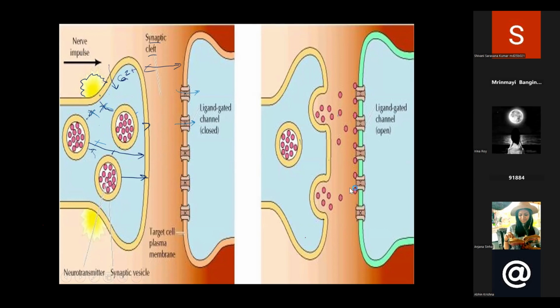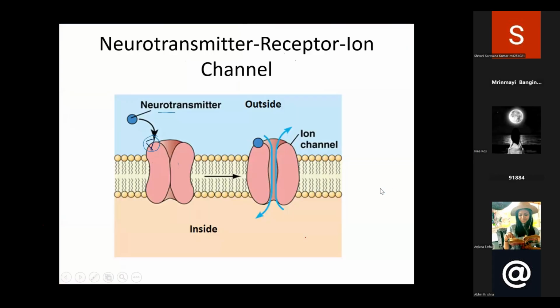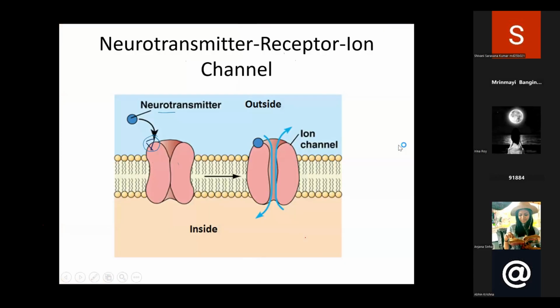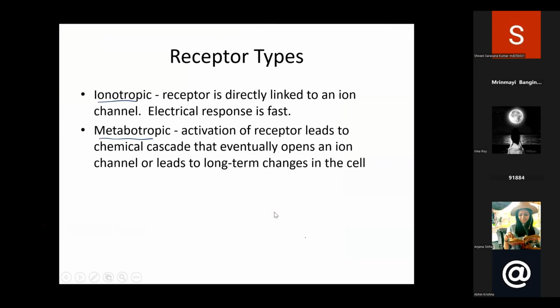Inside the cleft, these molecules diffuse and reach the other side, and they bind with the receptor on the ion channel. That binding opens the channel, and current flows in, which causes an increase or decrease in the voltage on the postsynaptic side. So this picture shows all three molecular players: the neurotransmitter, the receptor, which is just a part of the channel itself in this case, and that binding leads to opening of the channel, current flowing in, and voltage changing.